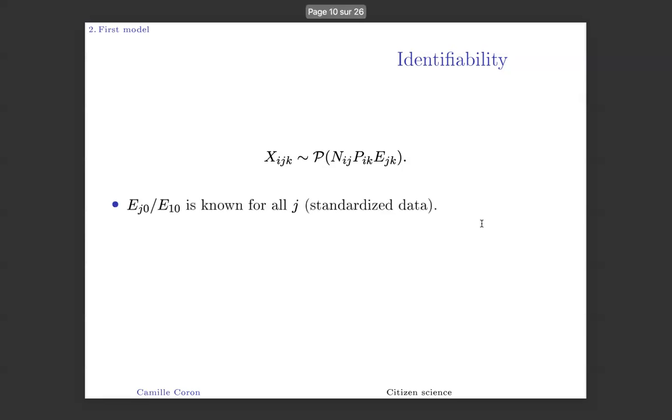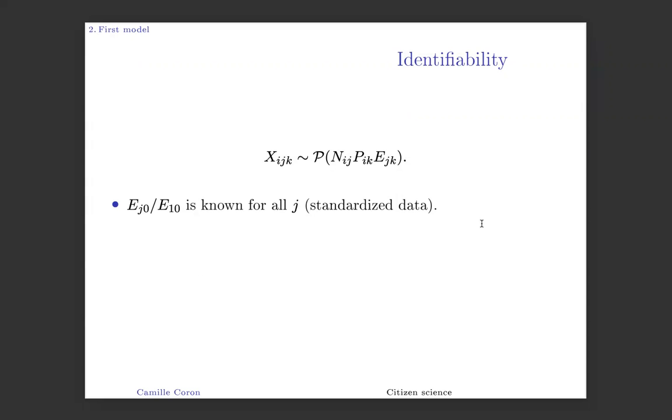Here, the solution is that we have a standardized data set that does not allow to divide Ejk as we wish. So our assumption is that, due to the standardization, for the standardized data set we can compare the effort made in two different regions. So you have that Ej0 divided by E10 is known for all j.